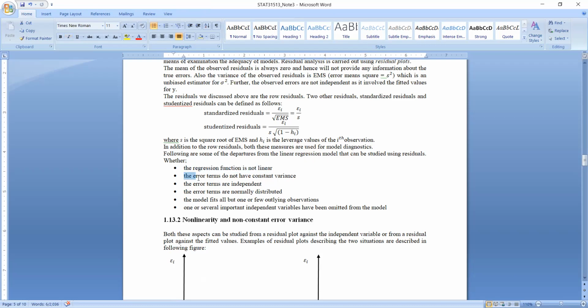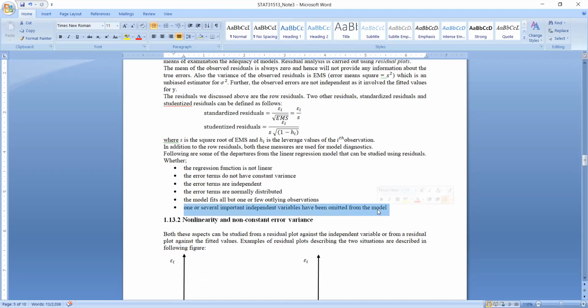We are going to find whether the error terms do not have a constant variance, whether the error terms are independent, whether the error terms are normally distributed, whether the model fits all but one or a few outlying observations, whether outliers are there, and whether one or several important independent variables have been omitted from the model.